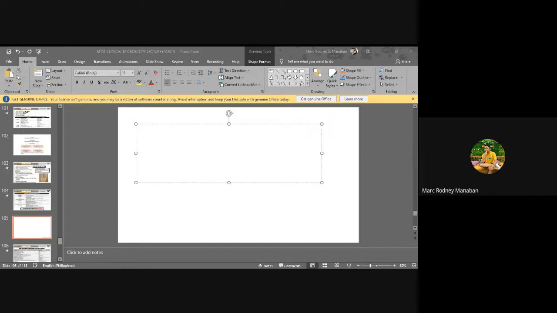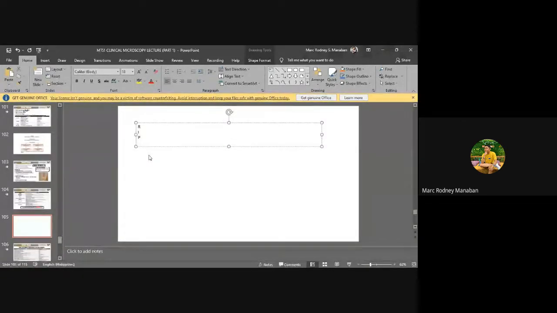Very good. And what is the mnemonic for the first-line agents of tuberculosis? You have R, I, P, E, and S. That's our mnemonic: RIPES. These are the first-line drugs against tuberculosis. What does R mean? R means rifampin, which we discussed.